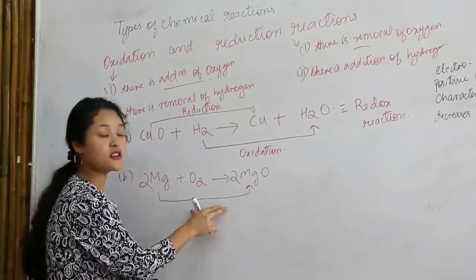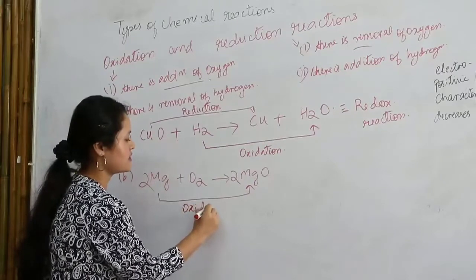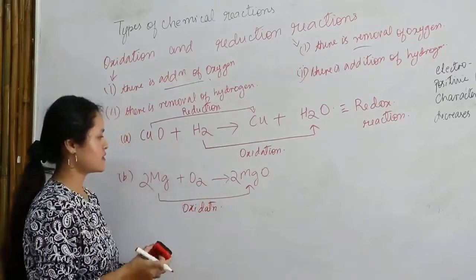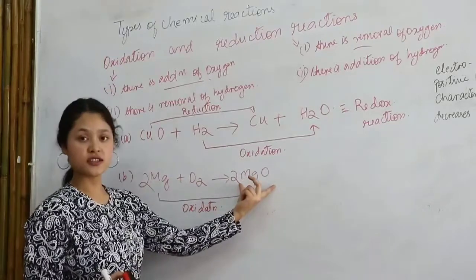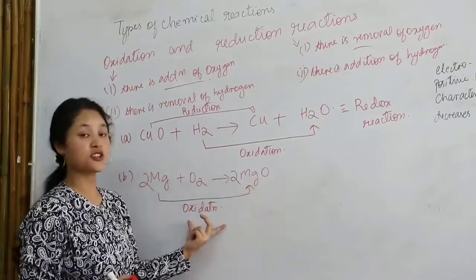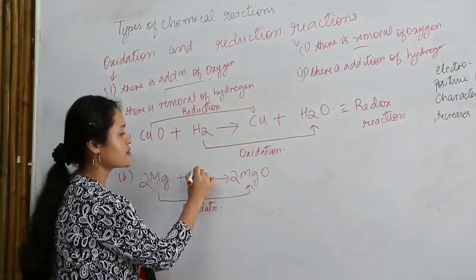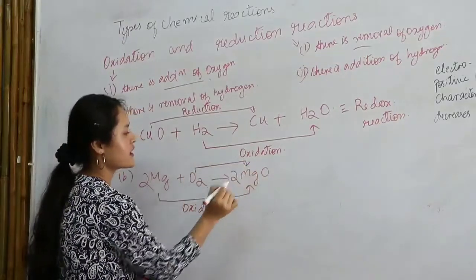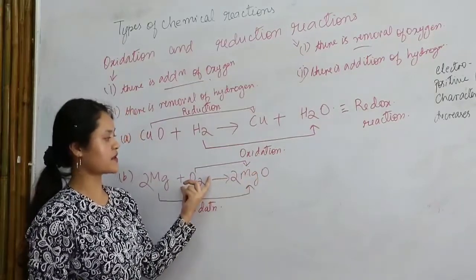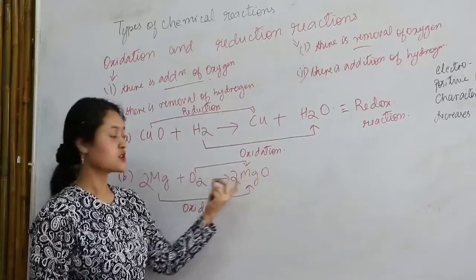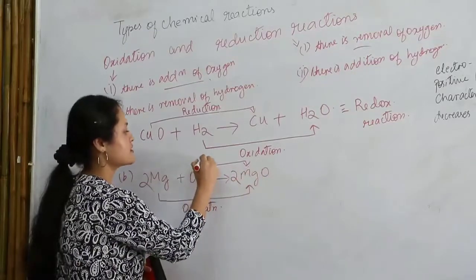When there is addition of oxygen, oxidation takes place. What about oxygen? Oxygen is being removed from here and added to magnesium, so oxygen itself is being reduced. So this is reduction.